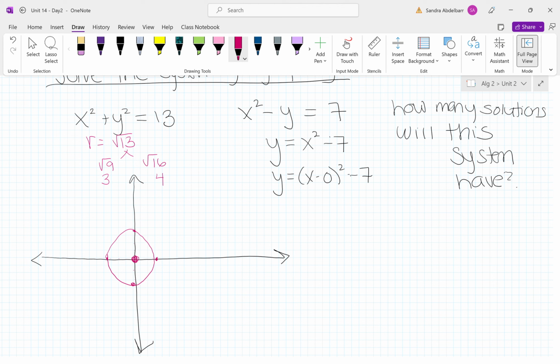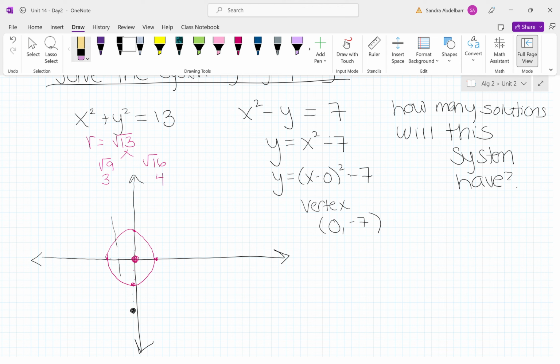And now we need to sketch our parabola. And we know our parabola's vertex is 0, -7. You got it. And are we smiling? Are we frowning? Are we opening to the right, opening to the left? We're opening up. Exactly. So this is just a nice little guess here.